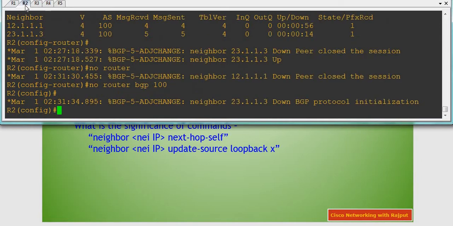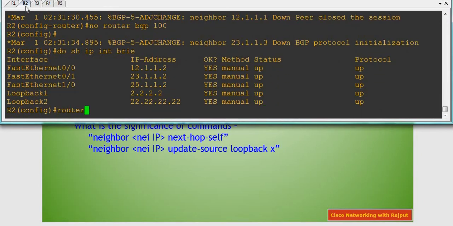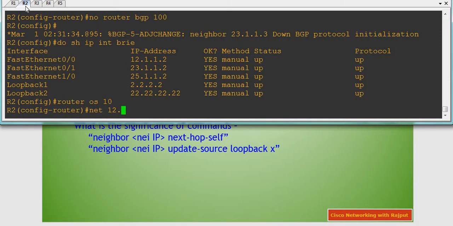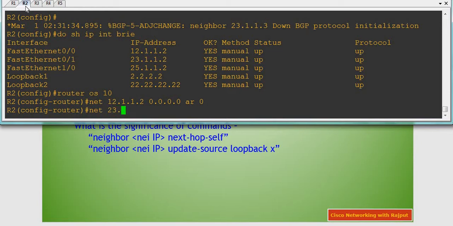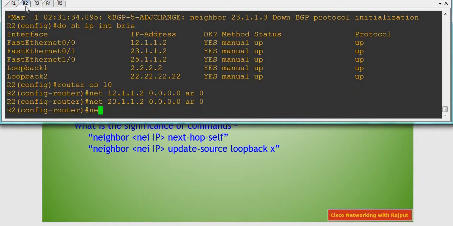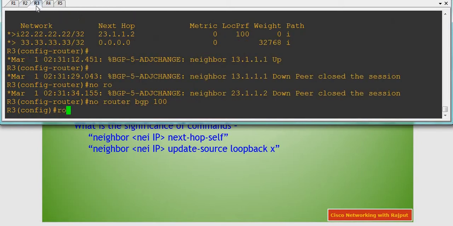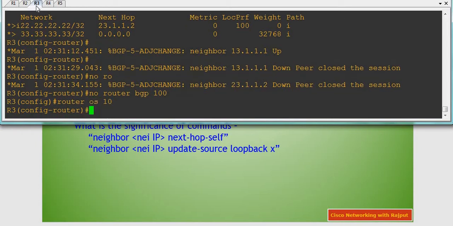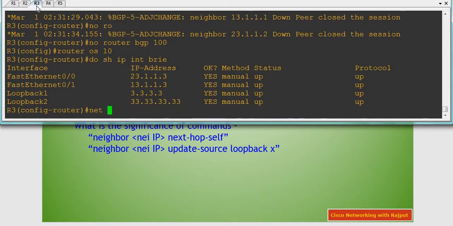Let us go to router 2. Router ospf 10, network. Let us go to router 3. Router ospf 10, network 23.1.1.3.